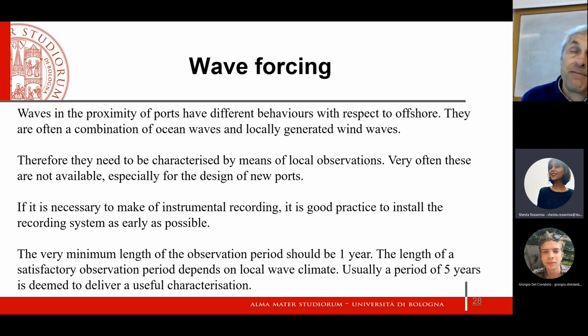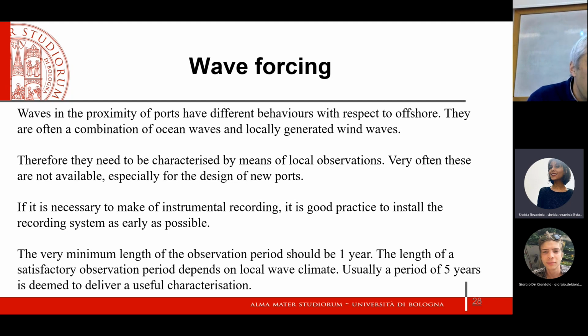How long is a satisfactory observation period? For the purpose of defining events with the typical return period that is used to design berths, 5 years is already a good timing. Keep in mind that fenders are designed with a return period of 10, 20 years, and berths may be designed for a return period of 30 years.